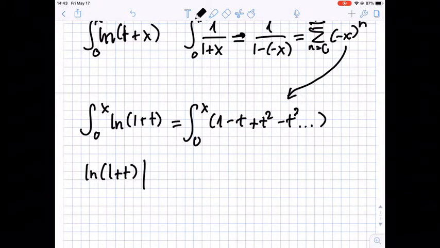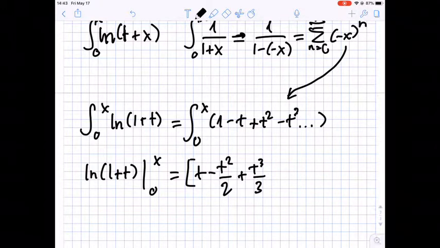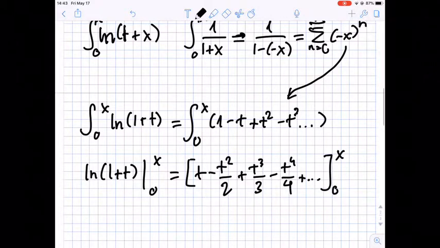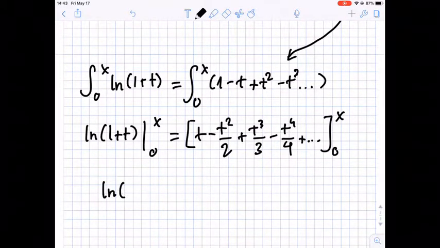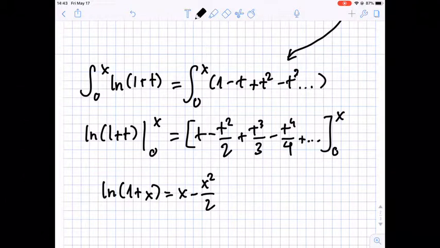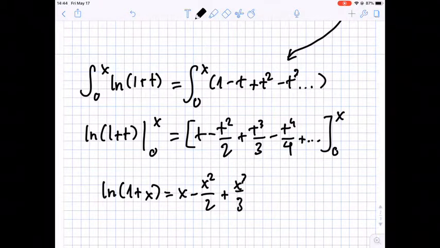So now, using the integral theorem, the calculus theorem, we just find the integral of all the terms on the other side, which will leave us with ln 1 plus x equal to x minus x squared over 2 plus x cubed over 3 and more, because ln 1 is 0.